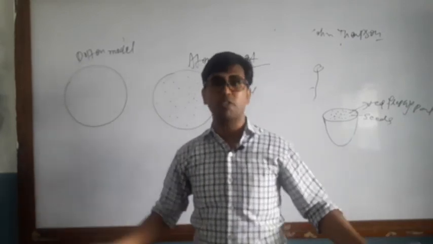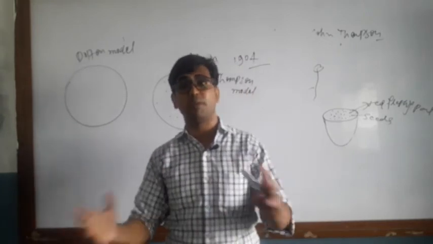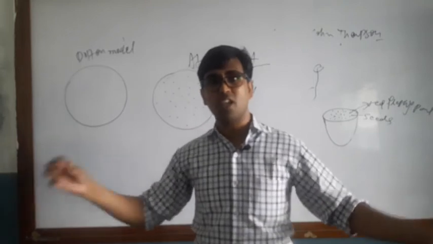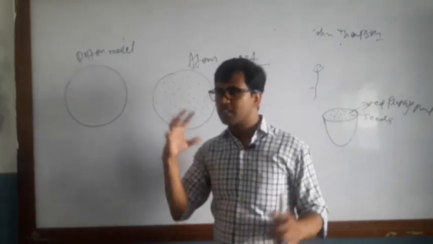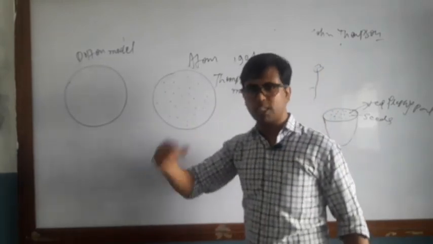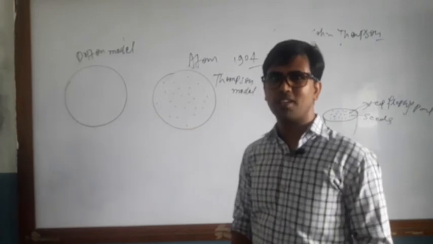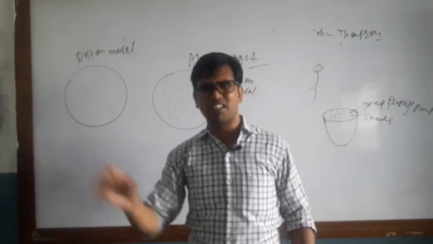Because there are so many types of atoms, how are positive and negative charges distributed in different types of elements? Problems start coming out. And different scientists are now mulling over the same problem, how actually the atom looks like. People were not ready to accept that atom really exists.